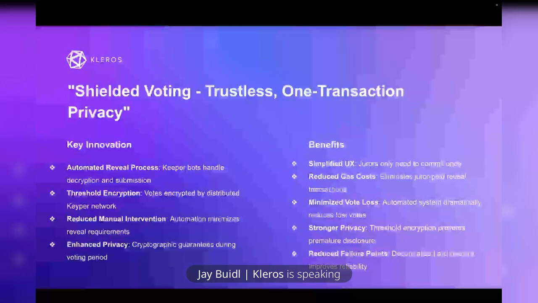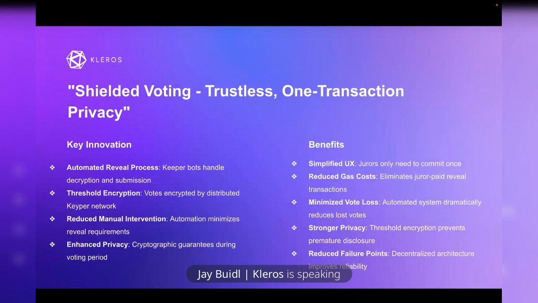You could imagine we could have implemented this without Shutter. We could just have a server somewhere that is encrypting things and issuing a decryption key, but that would be centralized. That would mean that the Kleros developers have access to the votes if they wanted to or if they were compromised, and we absolutely don't want this.